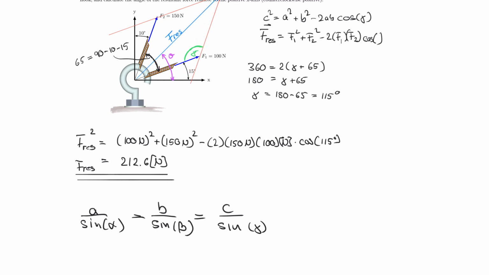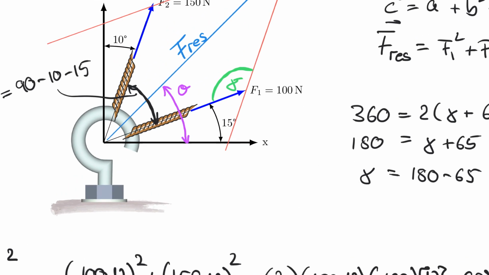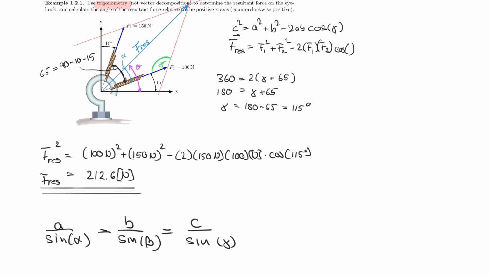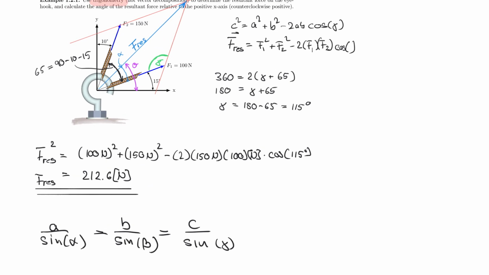So now I have to use F2 here. If this is alpha, let's pretend that's what we're going to call alpha. And let me mark that up for you. So from here to here, that's alpha. So if I want to find that angle alpha, I just have to use my F2 as A. And therefore I have F2 relative to sine alpha is equal to F resultant to sine gamma.